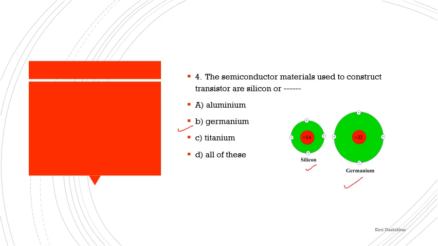Most probably they are used for constructing semiconductor devices, because we know that a semiconductor has the properties of both conductor and insulator, and that's why this type of structure must be there. So the correct option is option B, germanium.